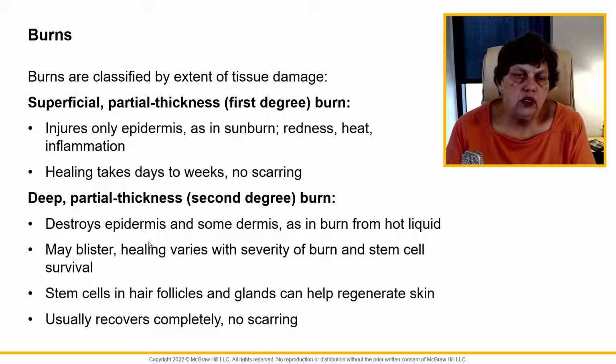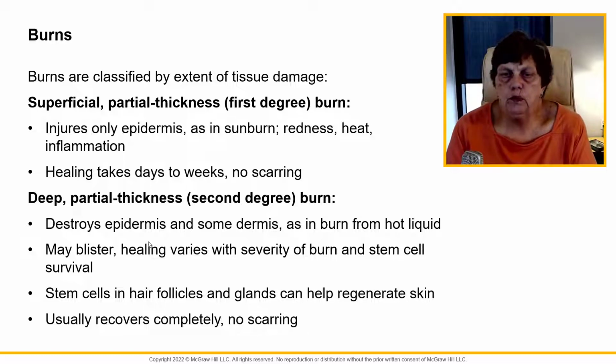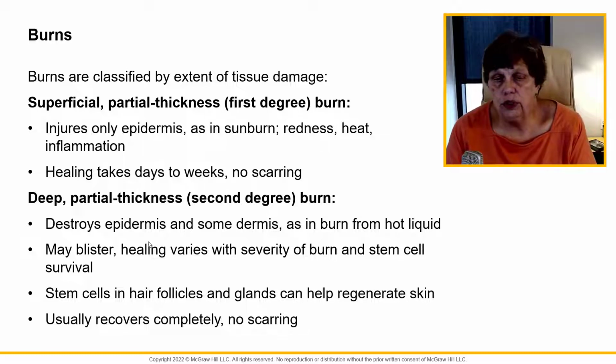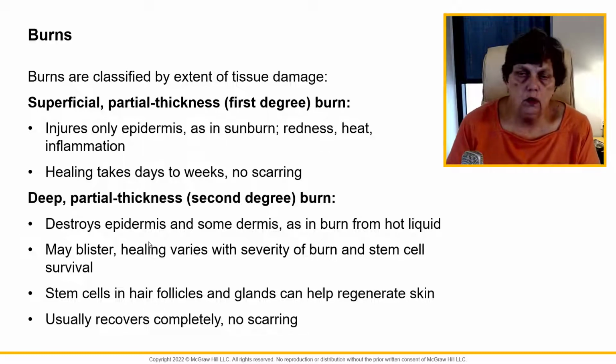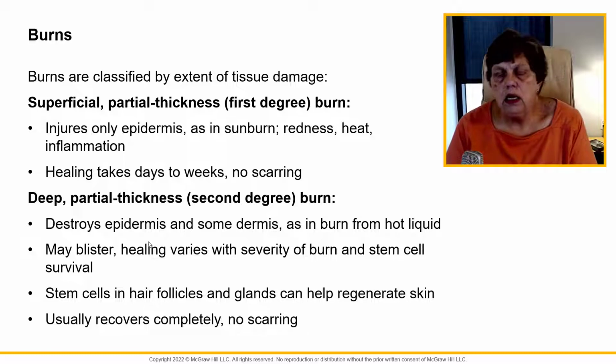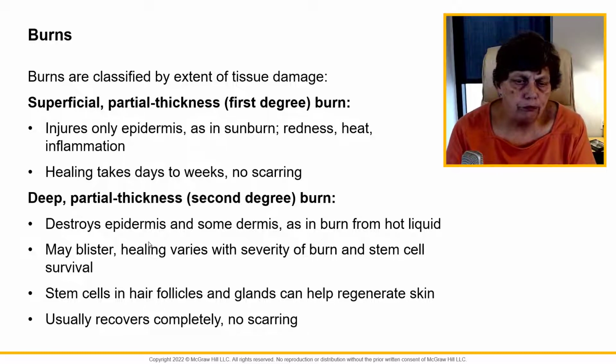So you may have a superficial partial thickness burn, which is what we call a first degree burn. This is usually only the epidermis. You went out and you got a sunburn, not too bad a sunburn. You turn a little red, it gets a little warm, it's a little inflamed, and a few days later you're okay and everything goes away.